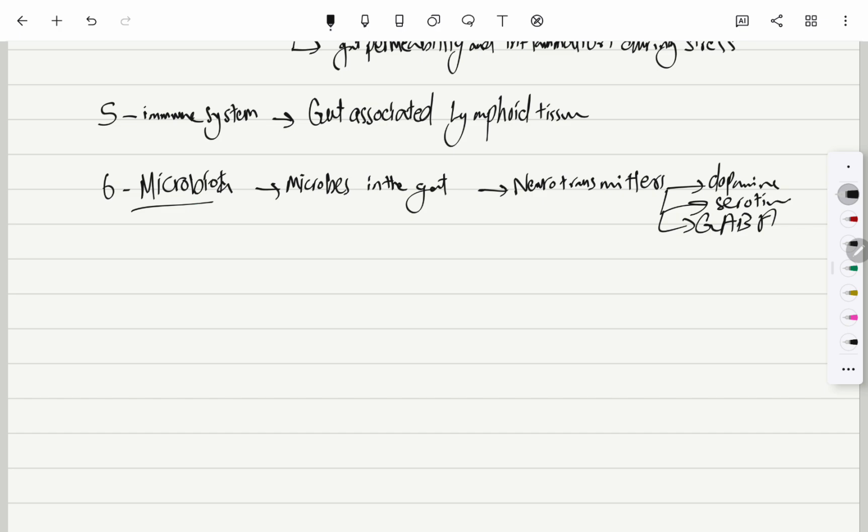And those can modulate inflammation in the body.